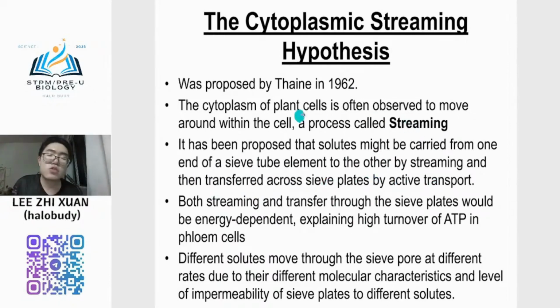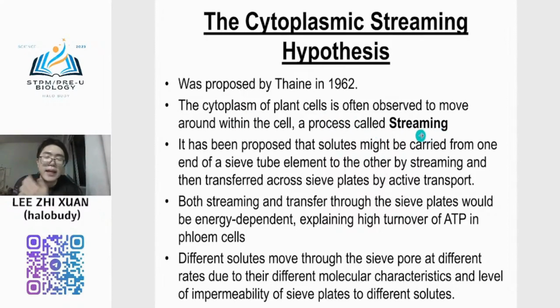Streaming is where the cytoplasm of a plant cell is able to move around within the cell. Meaning that your organelles or any nutrients inside the cell can be moved around freely. So this process is called streaming.